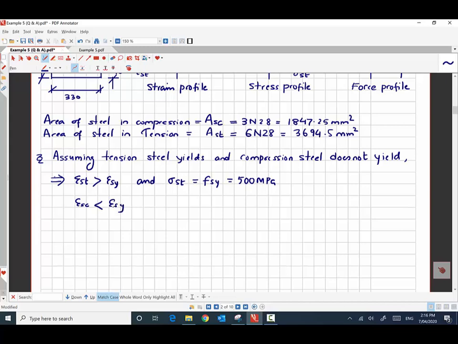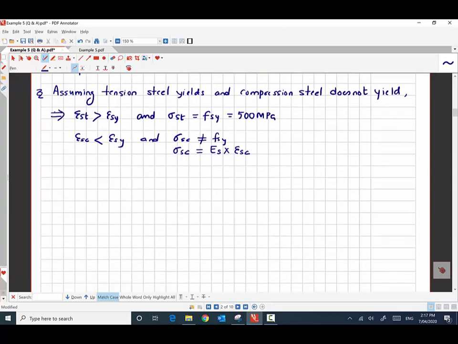That means the steel in compression is not yielding, so the stress in the compression steel is not equal to FSY. So we can write the stress in the compression steel as Young's modulus multiplied by the strain in the compression steel, epsilon SC. With this assumption, we can proceed to find the KU value, and we will come back and check whether our assumption is correct.